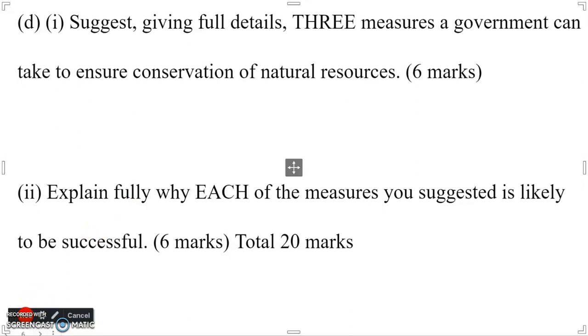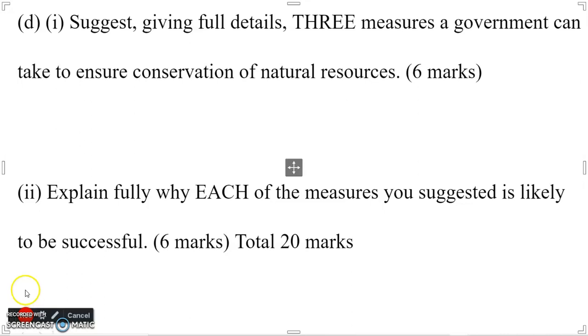Now, I want you to think about this question. And I want you to identify 3 measures, right, that the government can take to ensure conservation of natural resources. Remember, when we talk about natural resources, we're talking about examples like land, water, petroleum, gold, and all of those resources.